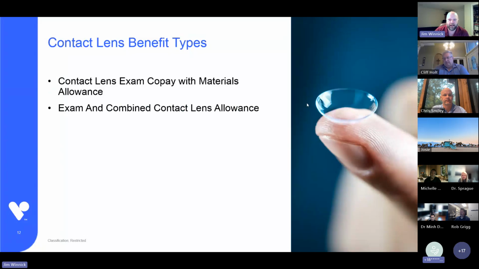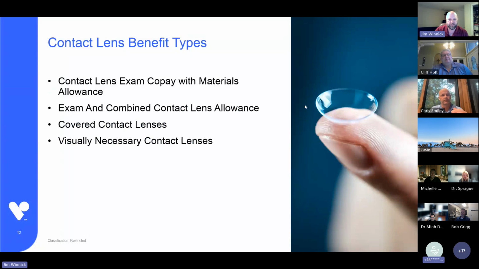Exam and combined contact lens allowance was the standard for many years, so you should all be familiar with it. We've all worked with it for a long time, but we'll go over the details and some little intricacies with that plan that some doctors miss. We'll hit the covered contact lens program and visually necessary contact lenses.